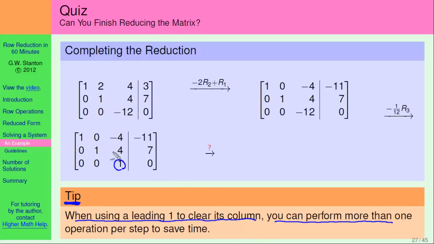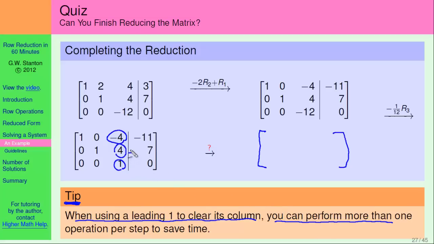In particular, here we want to clear 4 and negative 4, and we'll do both of those in the same matrix over here.